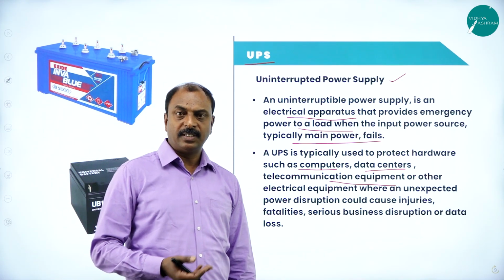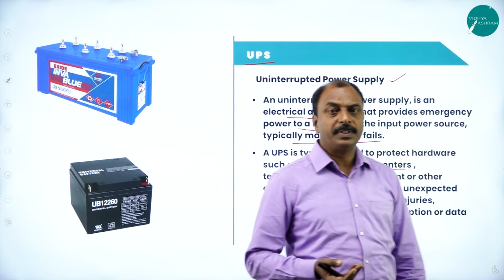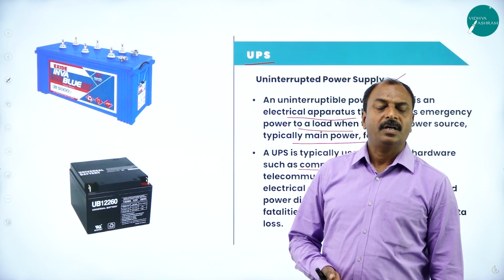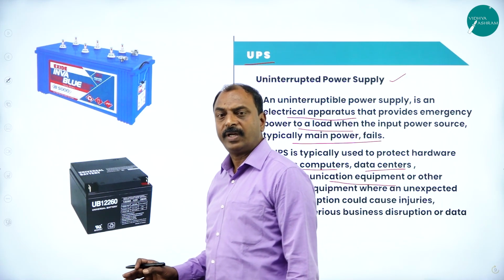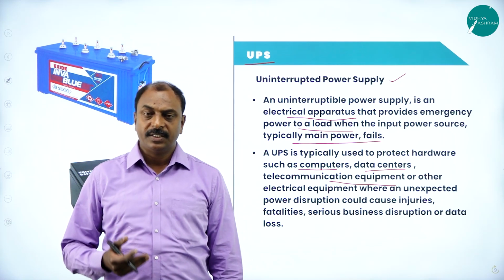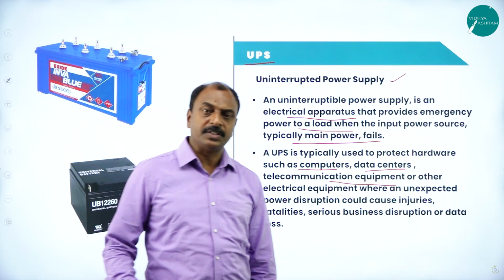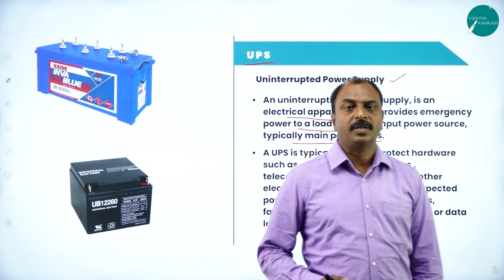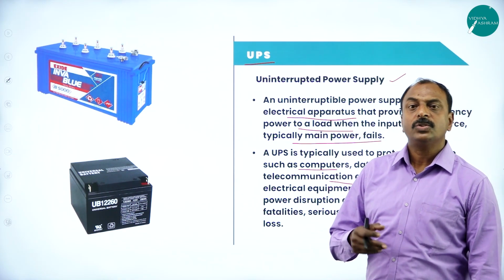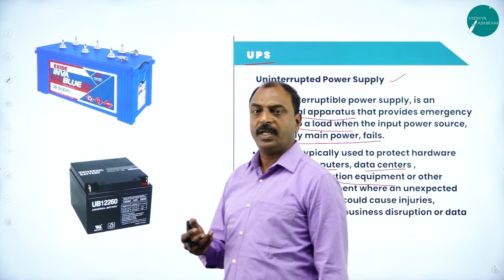Generally, an example we can give is hospitals, where you have ICU and CCU systems. There we cannot have any power failure at any point of time. So in situations where ICU, CCU or any division requires continuous power supply 24/7, we use an online UPS.